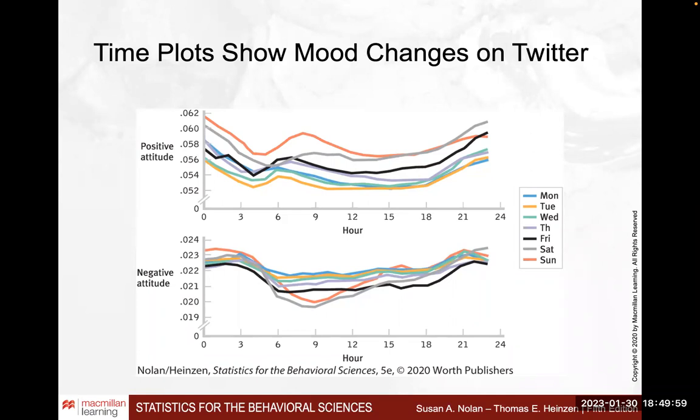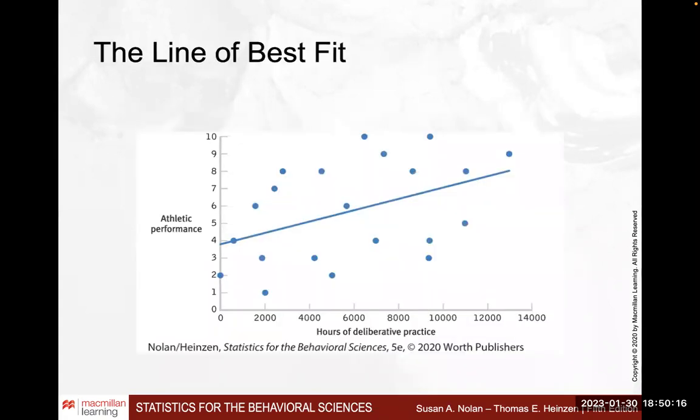Yes, please. What would be a case where you could combine this study with also using the scatter plot? It's tricky because on the scatter plot you're missing the temporal component. You have no time.